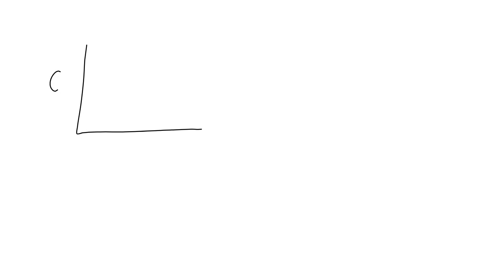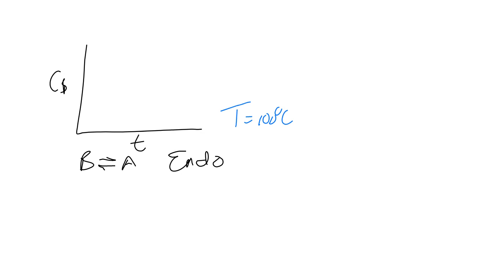So while you're busy drawing it, temperature, B reversibly goes to A. It is endothermic. I want you to have a temperature of 100 degrees, drawn in blue, and a temperature of 200 degrees, drawn in red. Right. So have you figured it out?